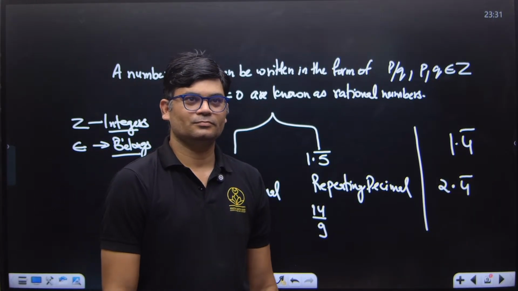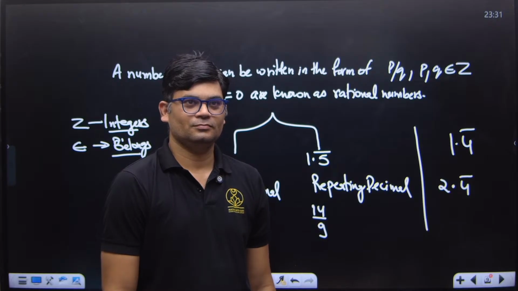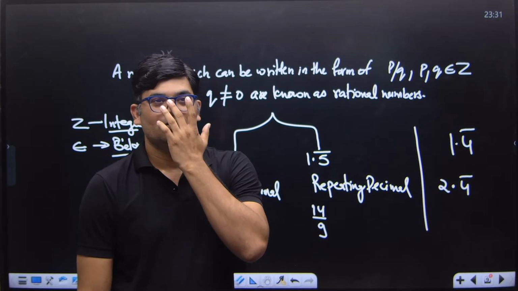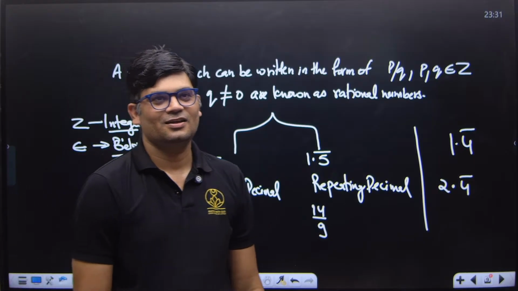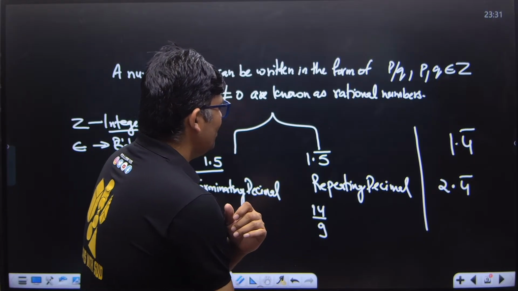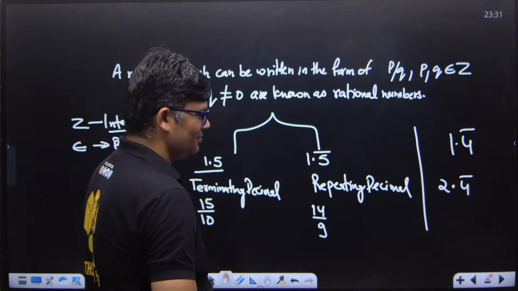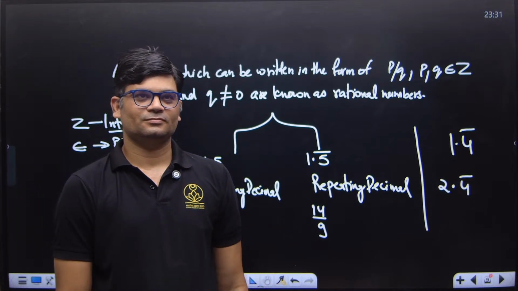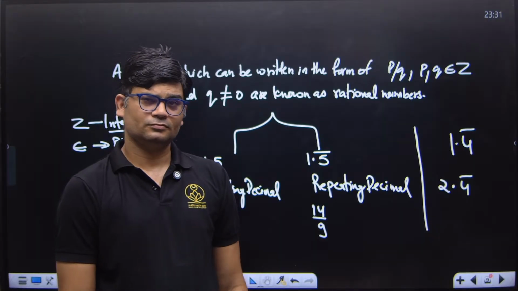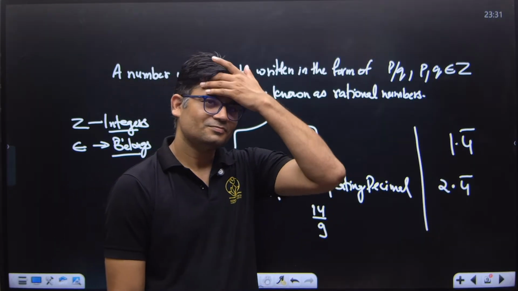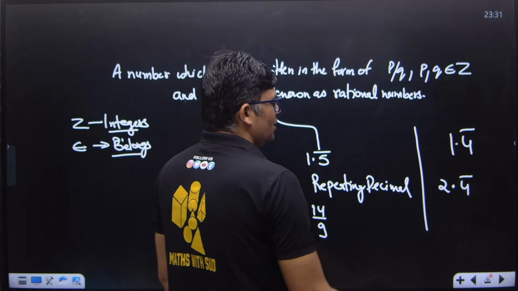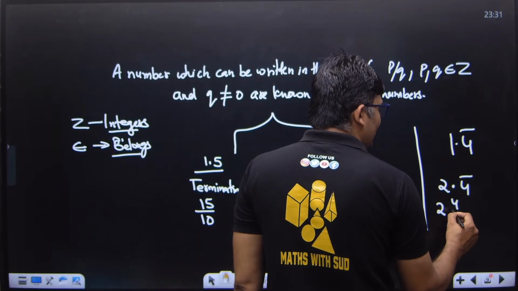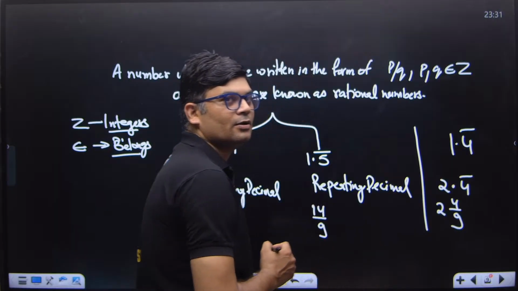Can you tell me what will be the rational form of 2.4 bar? Would it be 23 over 19? It would be 22 over 9. See this: the 2 can be written as 2 and 0.4 bar can be written as 4 by 9.